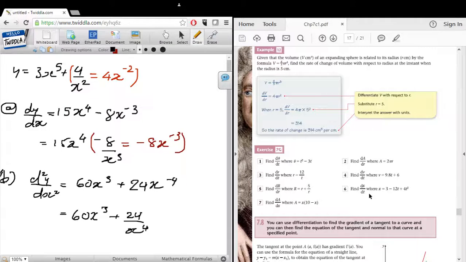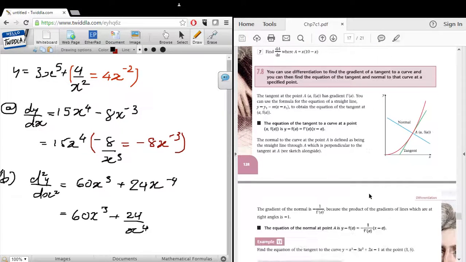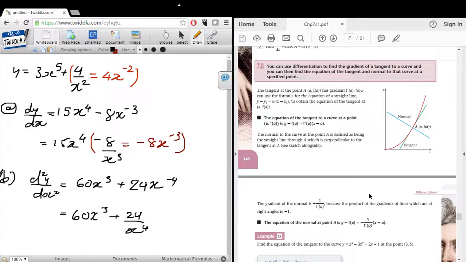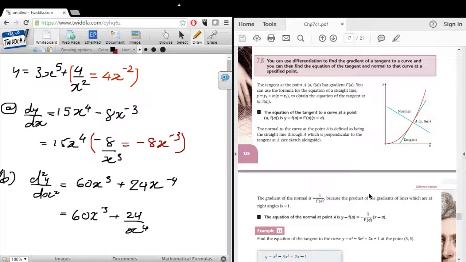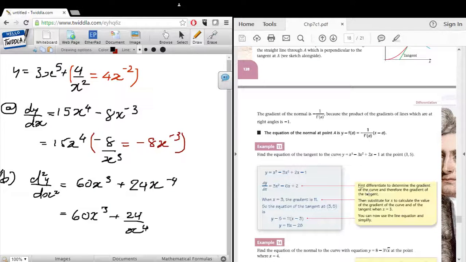Example 12 here just incorporates what we've learned before by asking you to figure out the volume of an expanding sphere, its radius, by the formula that you're given, and it's asking you to find the rate of change. And 7.8, you can use differentiation to find the gradient of a tangent to a curve, and you can find the equation of the tangent and the normal to the curve at a specified point. Again, this is something for you to read in your own time, and it gives you the equation of the normal at the point A: y minus f(a), equal to this same equation here.